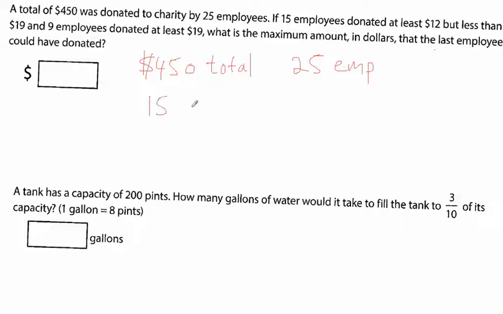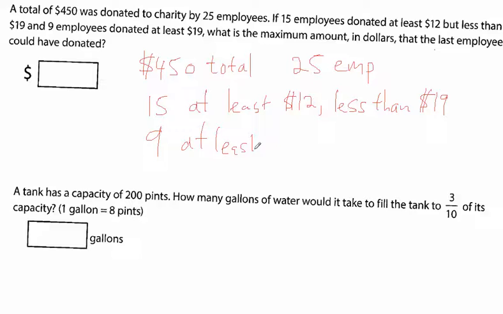Before we even start with how to do this, the first thing I'm going to do is write down the key numbers. At least $12, but less than $19. I'm just going to write these very quickly. And 9 employees donated at least $19.